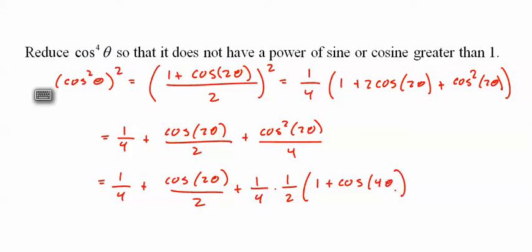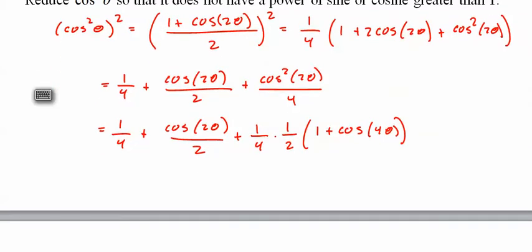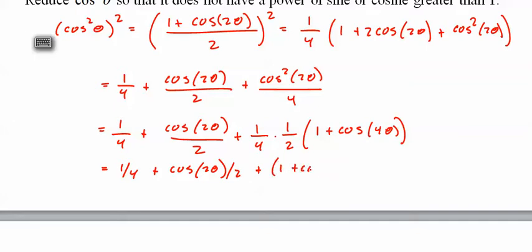What the heck, I can't suddenly draw parentheses. There we go. And clean it all up. Too late. 1/4 plus cosine of 2 theta over 2 plus 1 plus cosine of... I gotta pull that part out. No, I'm good. 1 cosine of 4 theta over 8.